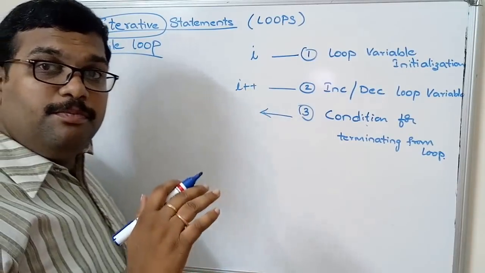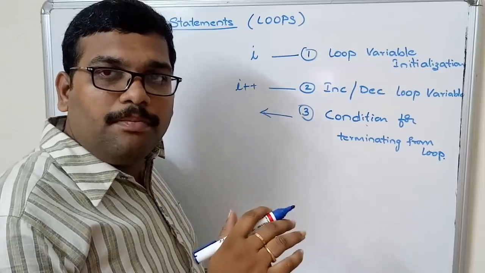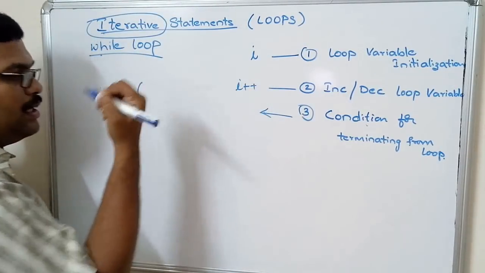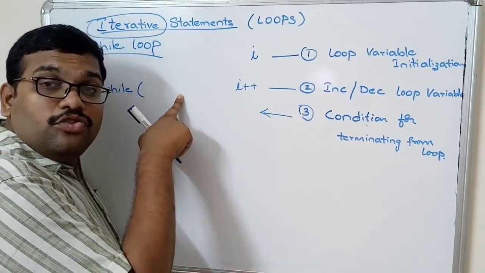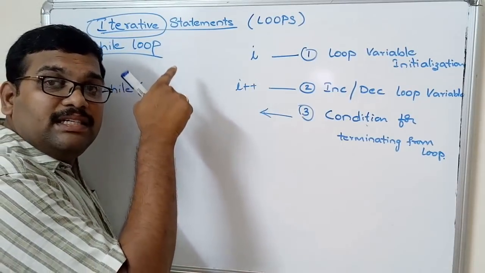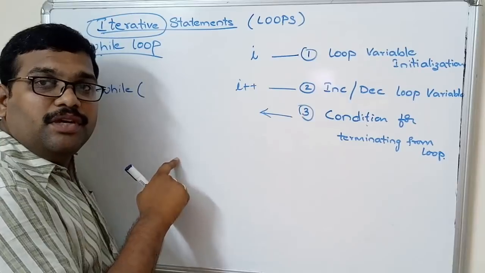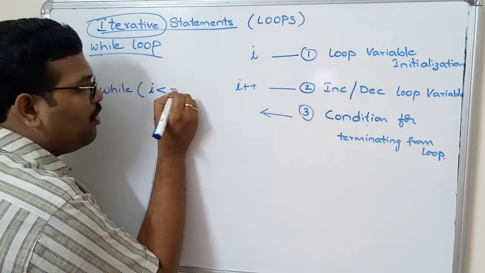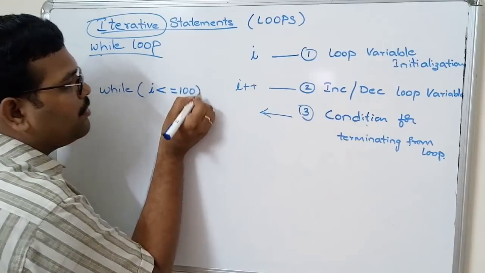Where must the loop stop? Here we have to write the condition so that as long as the condition is true, the block of statements will be executed. The condition will be I less than or equal to 100.